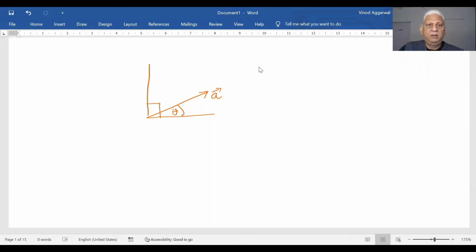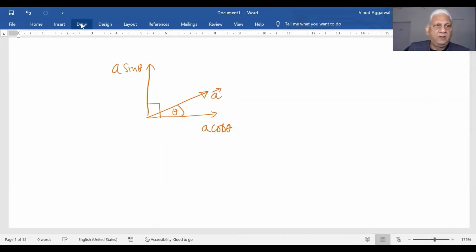The component of A in this direction will be A cos theta, where theta is the angle between vector A and the direction in which you want to resolve it. The component of A in the direction perpendicular to it will be A sin theta.